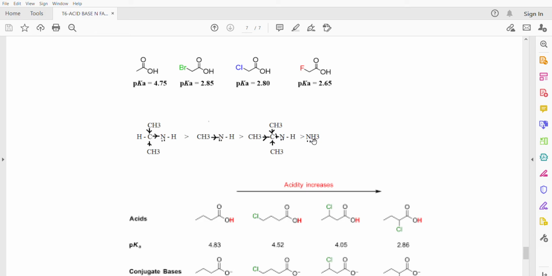Ammonia is donating a lone pair, but it is not as basic as primary amine or secondary amine.